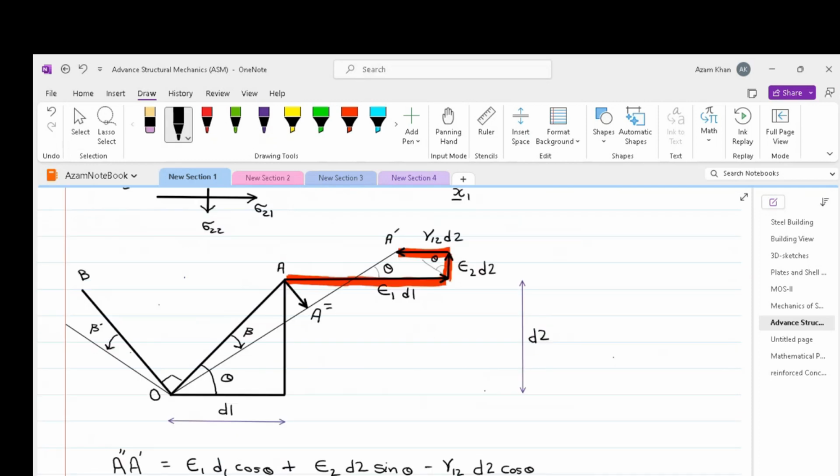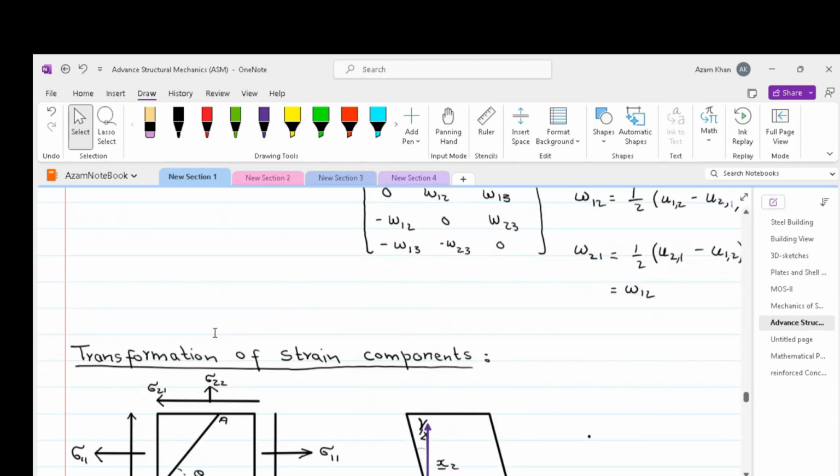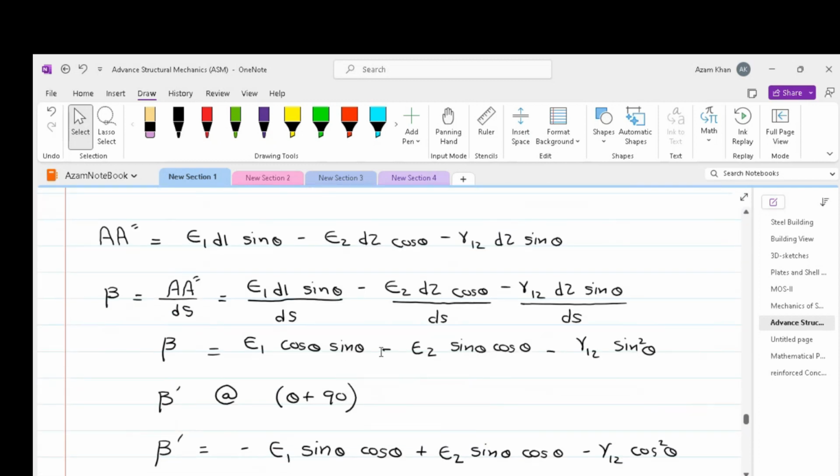As we know that the total change in the right angle between OA and its normal OB defines the shear strain for an element that is located theta from the x1, x2 axes. That is why we have to work out our angular deviation OB, which is at theta plus 90 degrees.